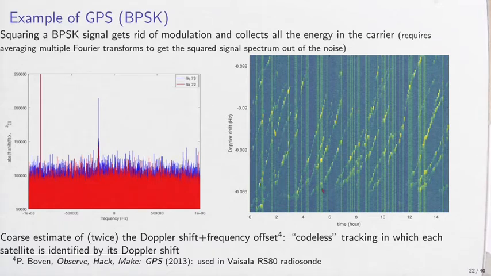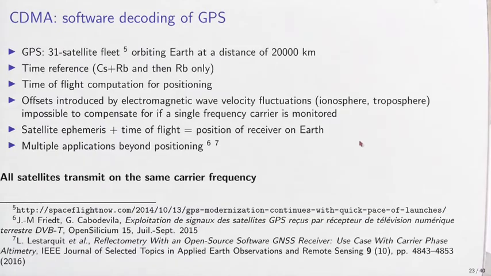So these are indeed the path, the velocity, the Doppler shift as a function of time, which is consistent with the shape of the trajectory of a satellite overhead. So squaring the signal allows you to detect the GPS signal, and this will be used to assess whether we have indeed collected information in our records.